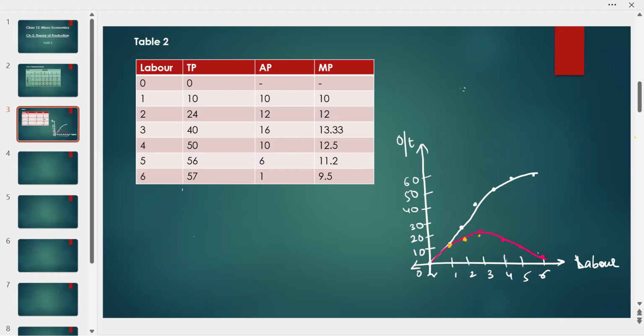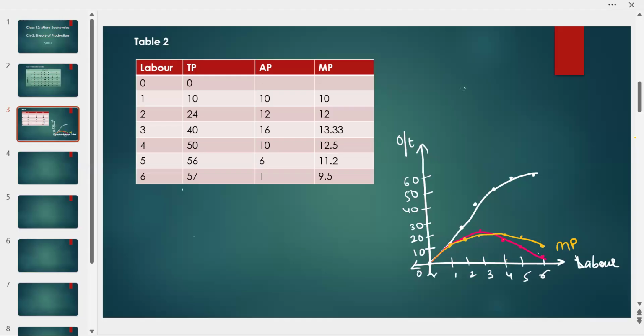Then on 4 units, we have 10. AP was 12.5, so it is just below it. And on 5 units, we have 6. It's lower. On 6 units, we have 1. So if I join these, I get this line, which reflects marginal product.